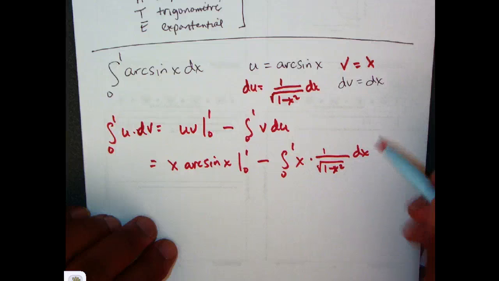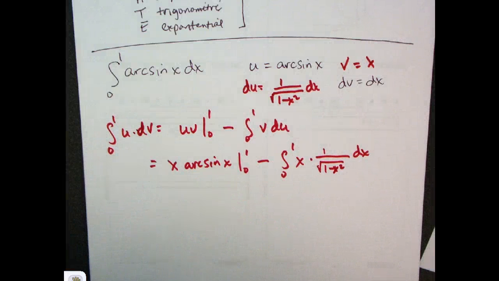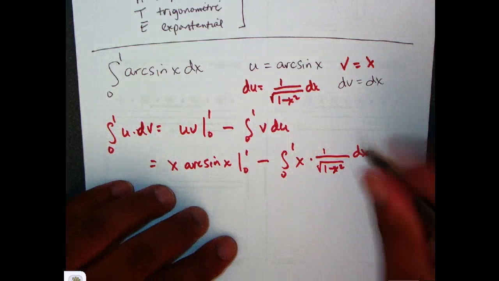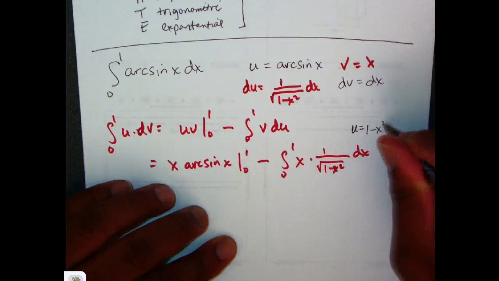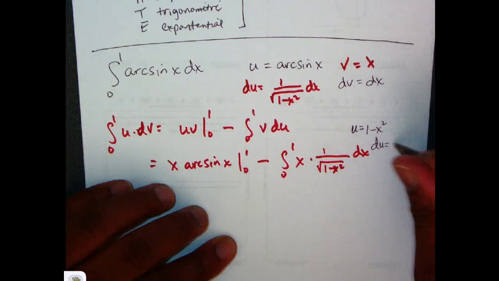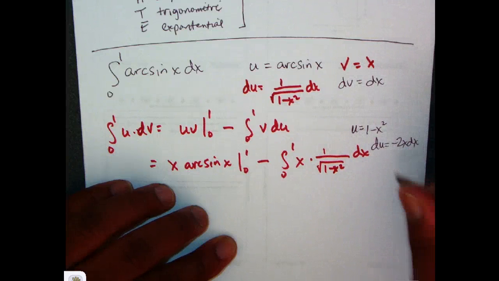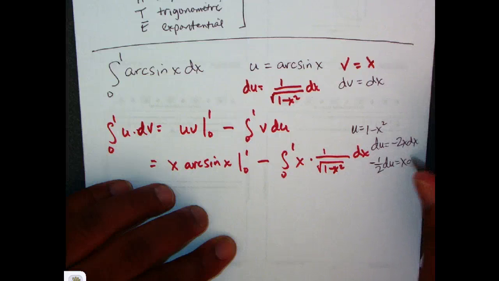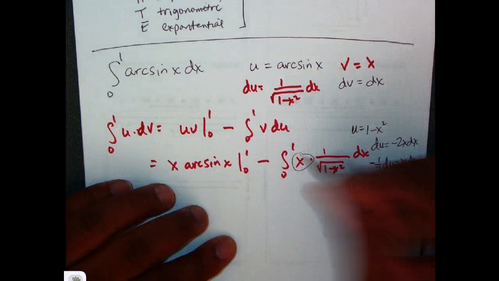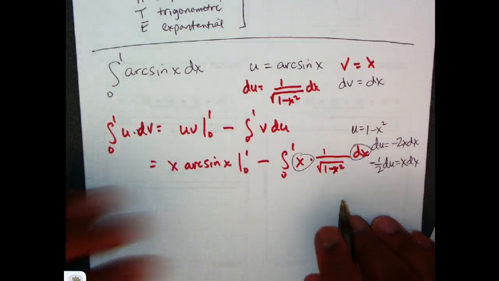So here, this part here, we said we're going to let u equal 1 minus x squared, then du is negative 2x dx. So negative 1/2 du is x dx. So we're going to replace this x dx with negative 1/2 du.